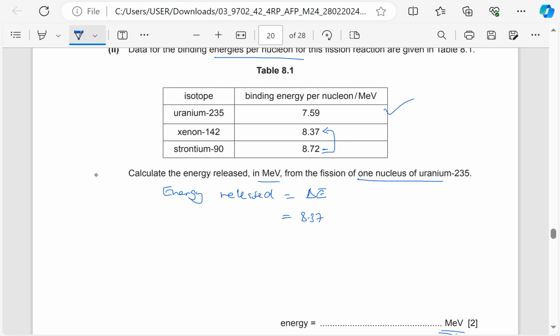So I have to multiply by the nuclear number, so this is times 142. Plus, we have also strontium, which is 8.72, that is energy per nucleon, times the nuclear number, which is 90. This is on the right-hand side, minus on the left-hand side, 7.59 times the nuclear number, which is 235.